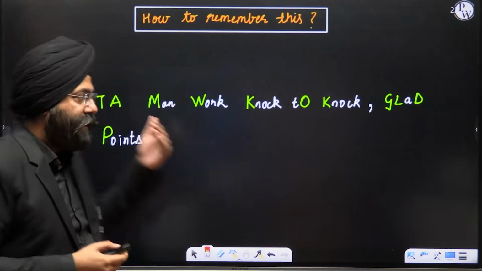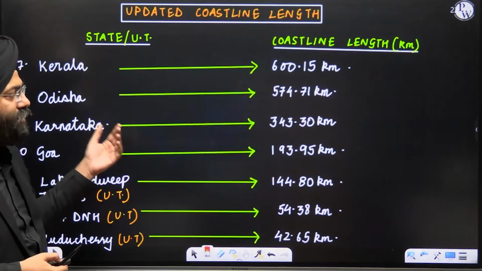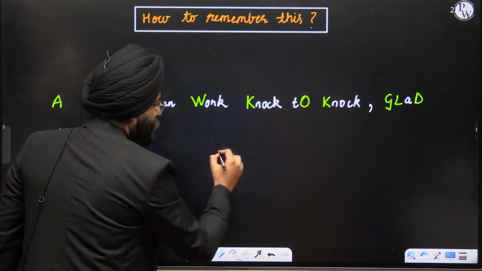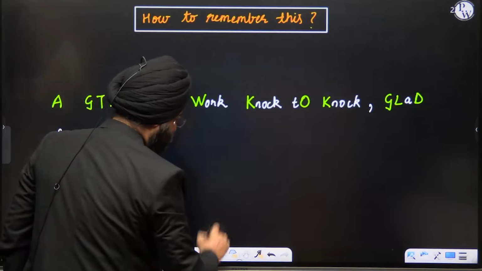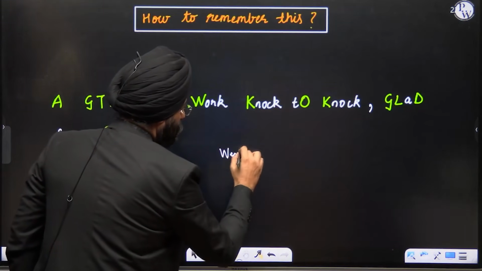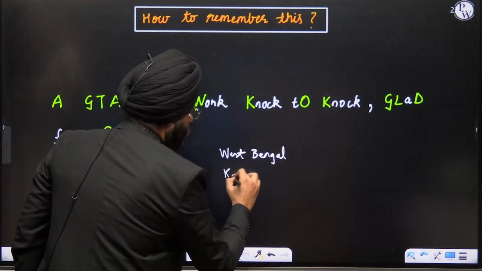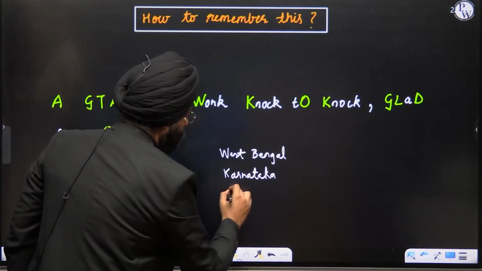So remember it in such a way, because there's a possibility that they can ask you questions. Let us assume there are 3 states mentioned: West Bengal, then Karnataka, and then Odisha.